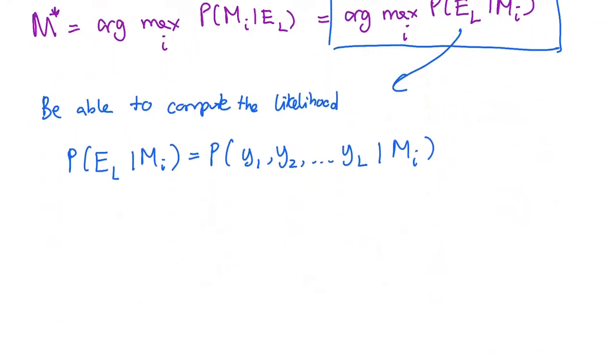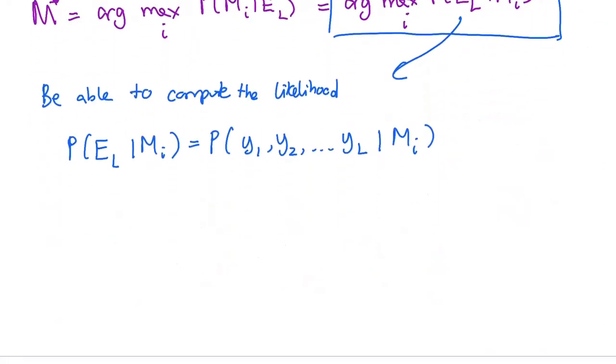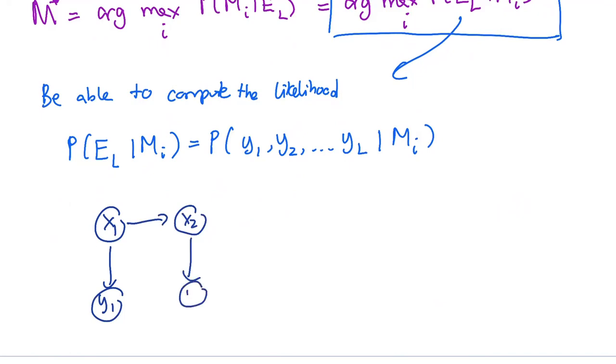So the question is, if I want to do this directly, why is this difficult? Why is it that we're making a big deal about having to compute this particular probability distribution?